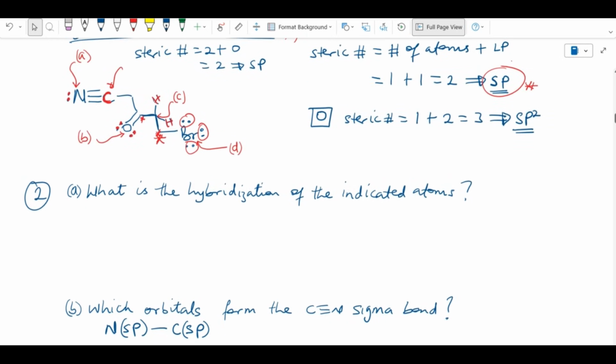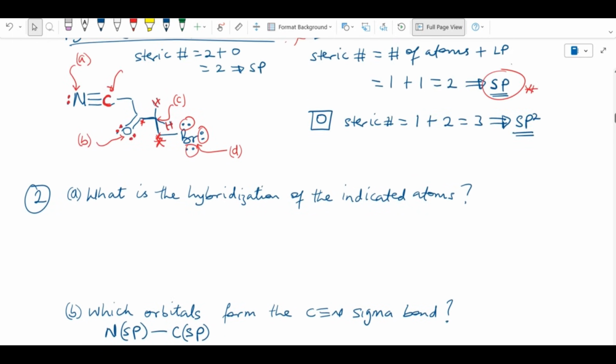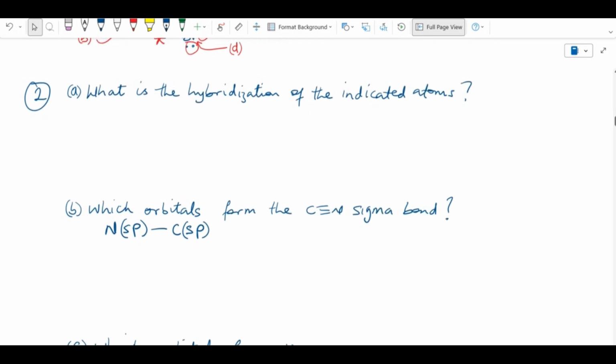Pi bonds are formed by p orbitals. So all we have to say here is that nitrogen uses p orbital to form the pi bond with p orbital of carbon, or we can just write this simply as p. So p orbital from nitrogen overlaps with the p orbitals of carbon to form the pi bond. But in the case of the cyano group, we have 2 pi bonds. Each of those 2 pi bonds is formed by p orbitals.